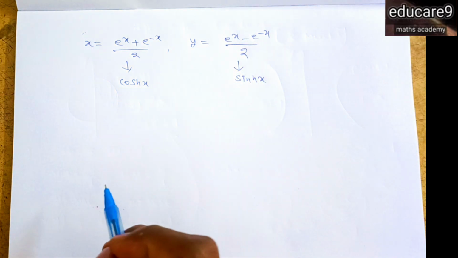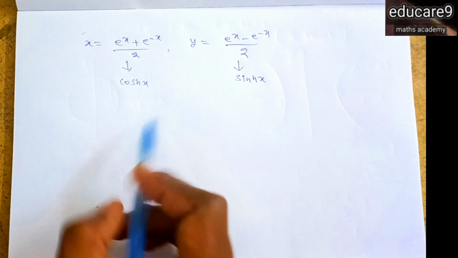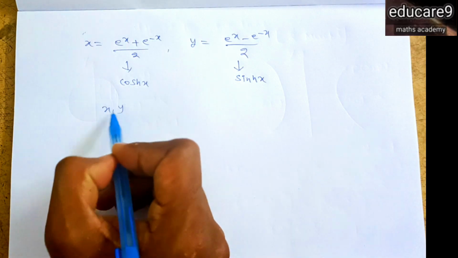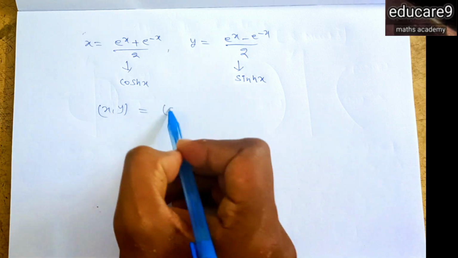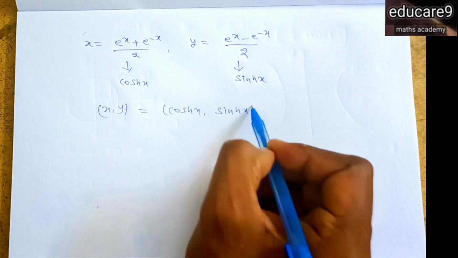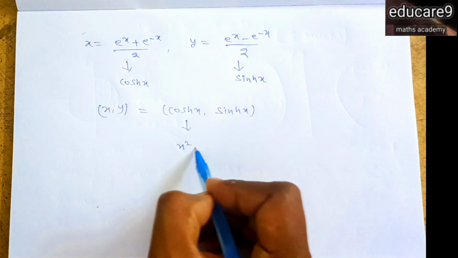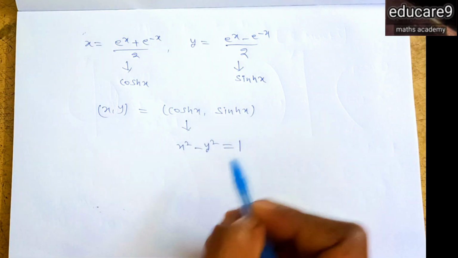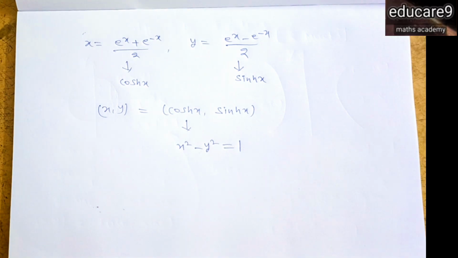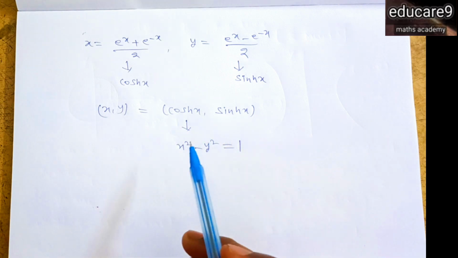So the point (x, y) equals (cos hx, sin hx), which satisfies the hyperbola equation x square minus y square equals 1. That's why for hyperbolic functions we have to use cos hx and sin hx.